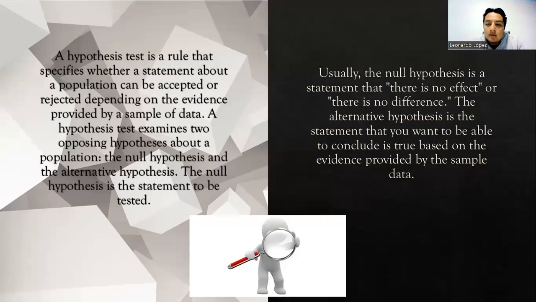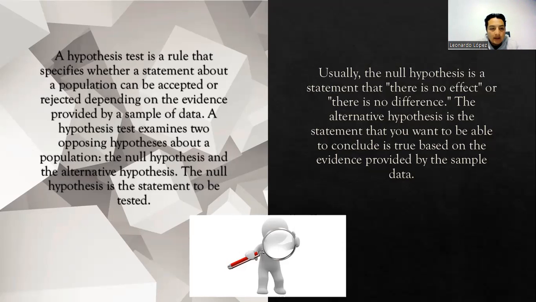The null hypothesis is the center of the hypothesis test, because it is usually a statement that there is no defect or no difference between the alternative hypothesis and the null hypothesis, based on the evidence provided by the sample data.